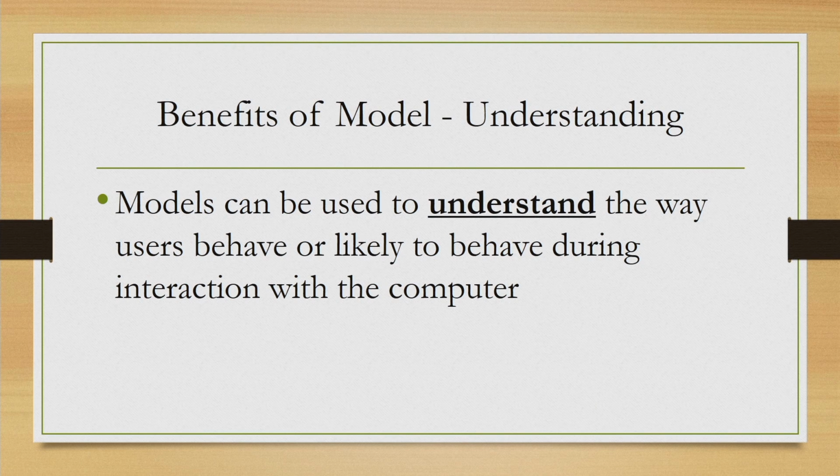The first thing is understanding. We can use the models to understand how the user behaves or is likely to behave during interaction with the computer, and that is helpful in many situations.